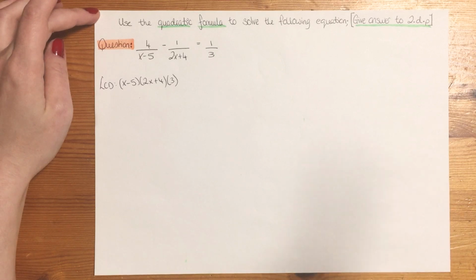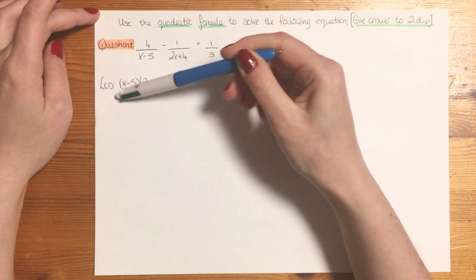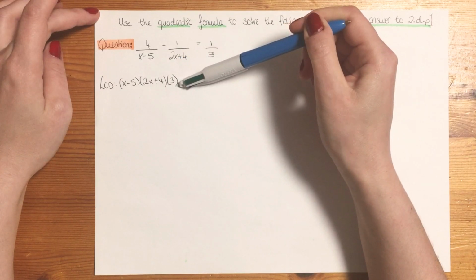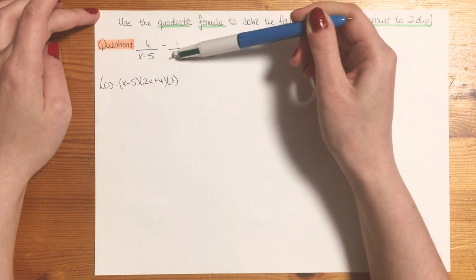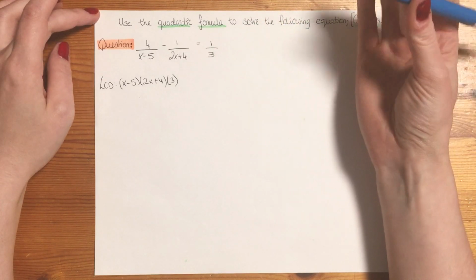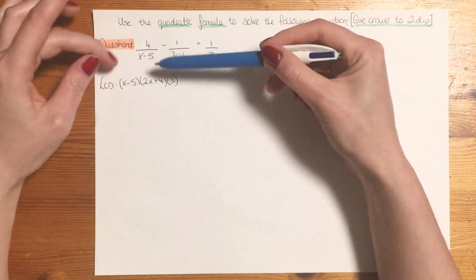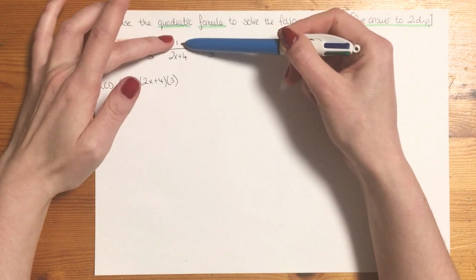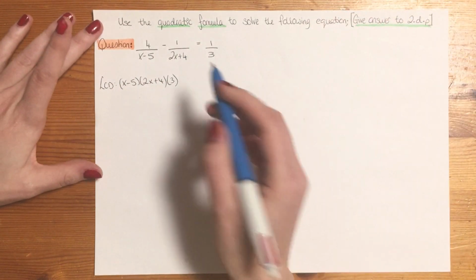What we must do now to get this in single form is take the lowest common denominator and multiply it by the numerator of each fraction, whilst keeping our denominators on the bottom. So I'm going to take my lowest common denominator, multiply by 4, lowest common denominator, multiply by 1, multiply by 1. Okay, so I'll write that out here now.